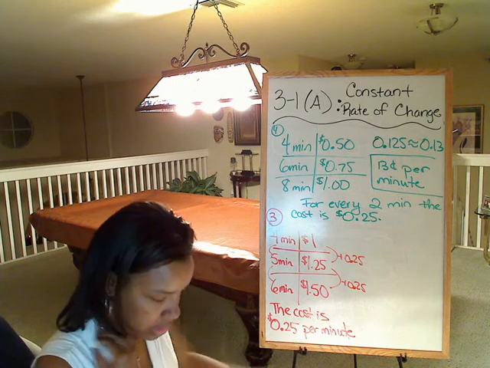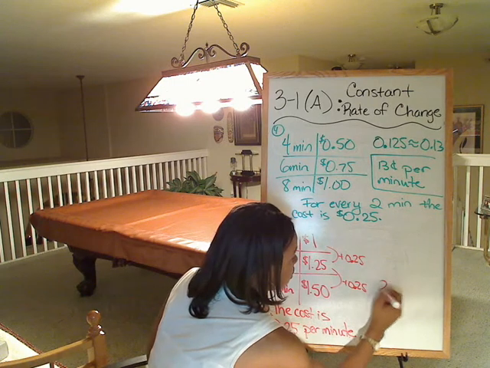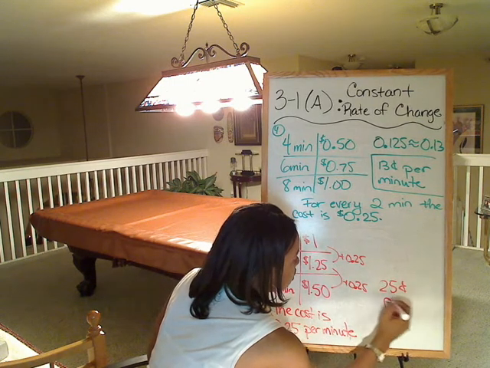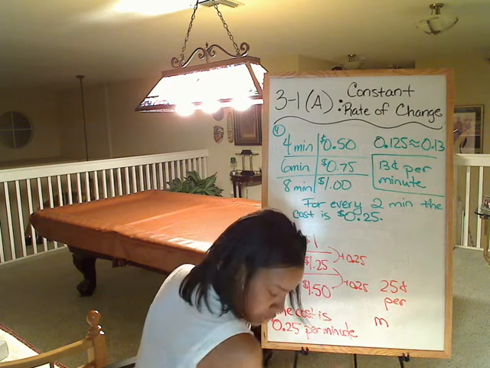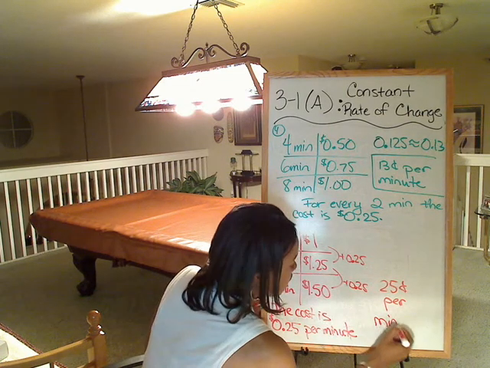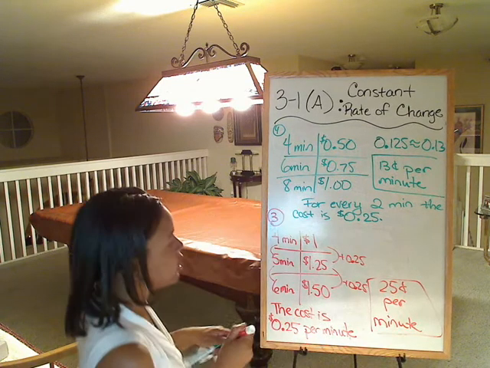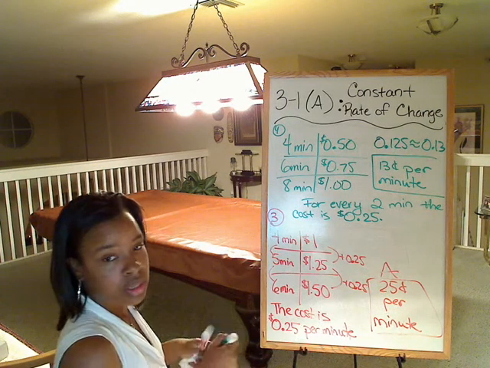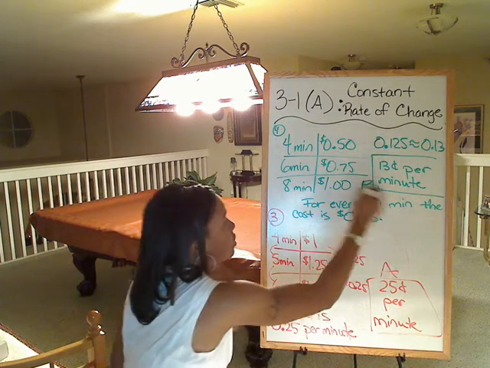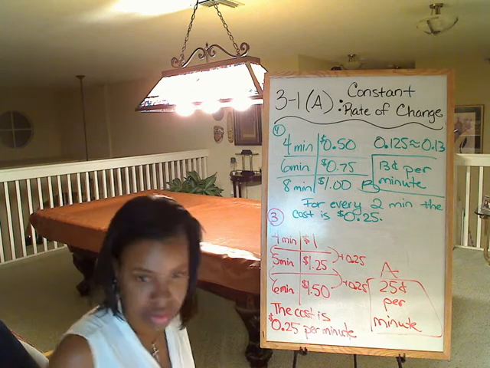Company A was how many? 25 cents per minute. You're going to figure out the rest in class for number 5 and 6. We did company A here, and this was company B. You're going to do C and answer number 6 in class.